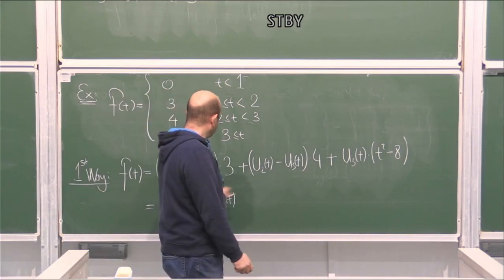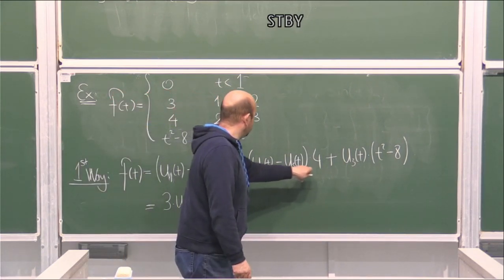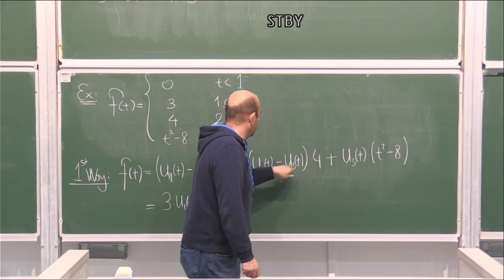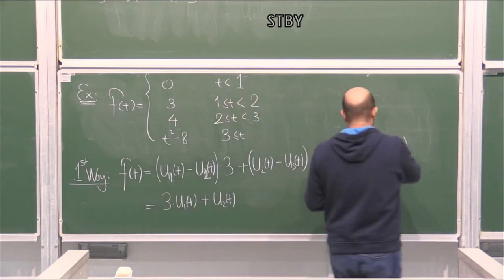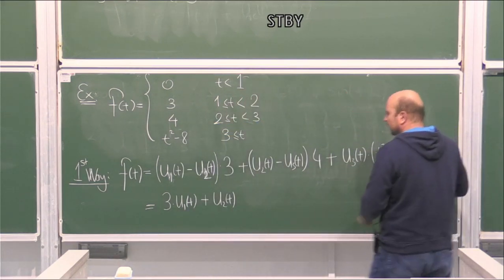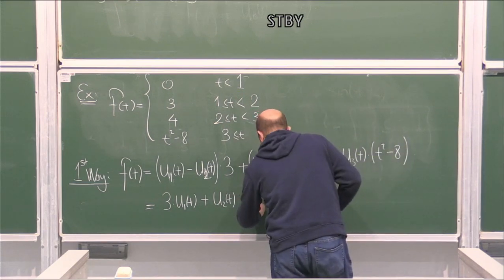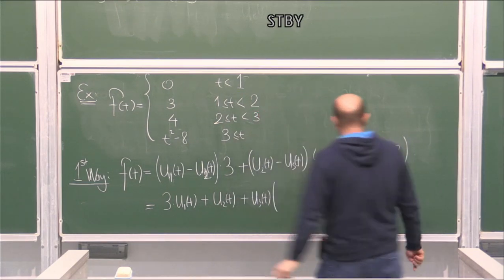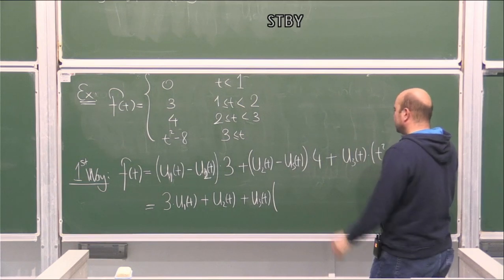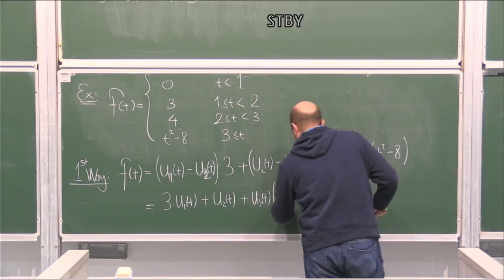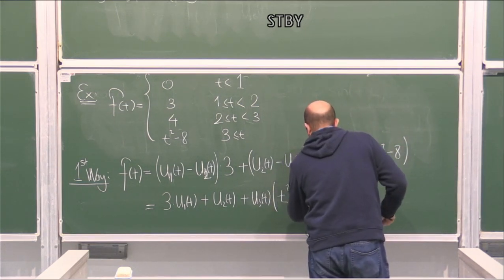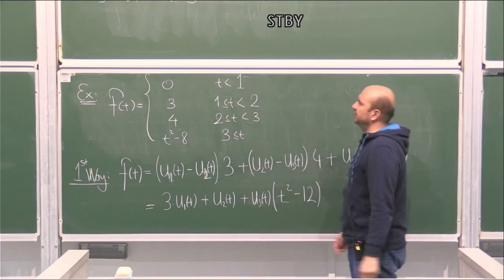Now this part is over. We have now minus 4u3, but we have also t square minus 8 times u3. So in the u3 parentheses, we will have t square minus 8 minus 4. So we will have t square minus 12. So this is what we have here.